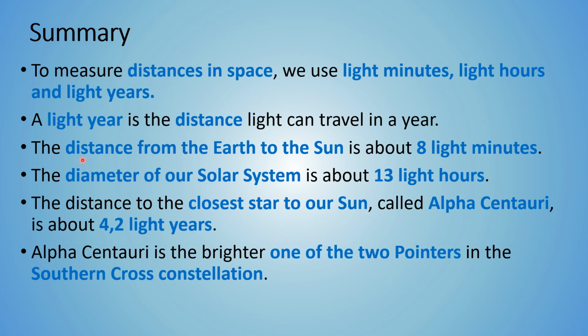The distance from the Earth to our Sun is about 8 light minutes. The diameter of our solar system is about 13 light hours. And the distance to the closest star to our Sun, Alpha Centauri, is about 4,2 light years.